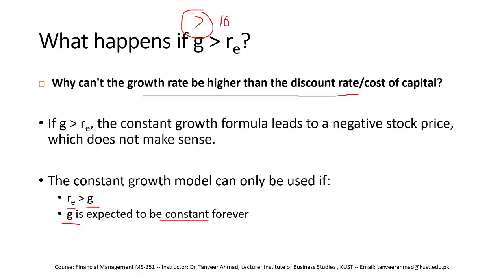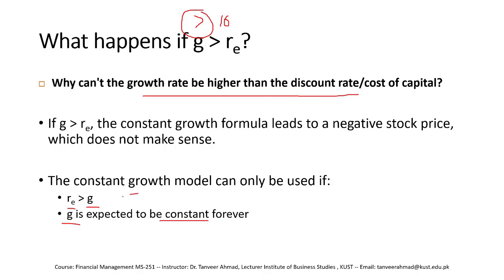Now what if in a few years the dividend would grow by 7% and in other years it would grow by, say, 15%? Then there are multiple growth rates. There isn't a single growth rate that we can put into the formula. So we have g1 and then we have g2. When we have these limitations, we cannot use the constant growth model.